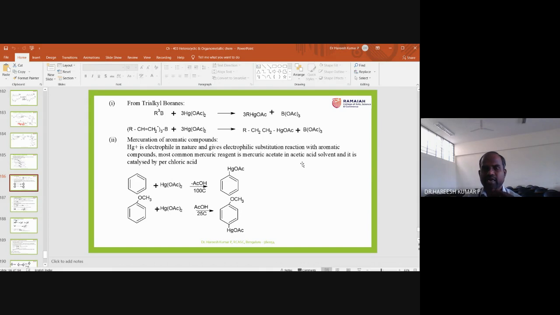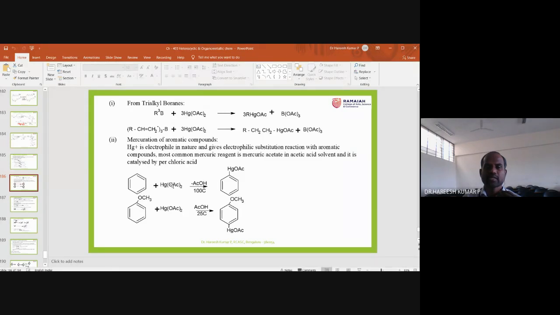This mercuration reaction is catalyzed by perchloric acid. I think you are aware perchloric acid means it's a per acid. So this is an aromatic compound. When it is treated with mercuric acetate, diacetoxymercury, what is formed?